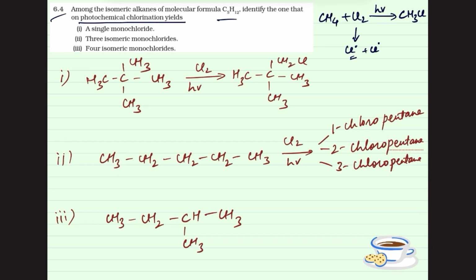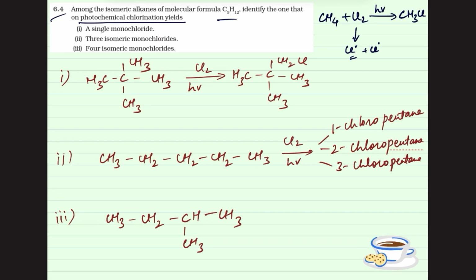So this is known as photochemical chlorination, where one of the hydrogens of methane is getting substituted by chlorine, or in general the hydrogen of an alkane gets substituted by chlorine in the presence of light.